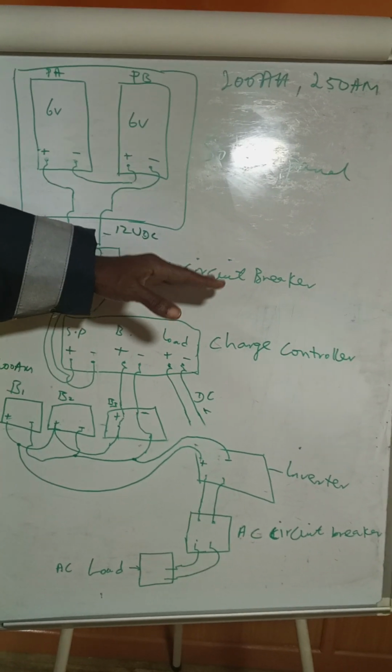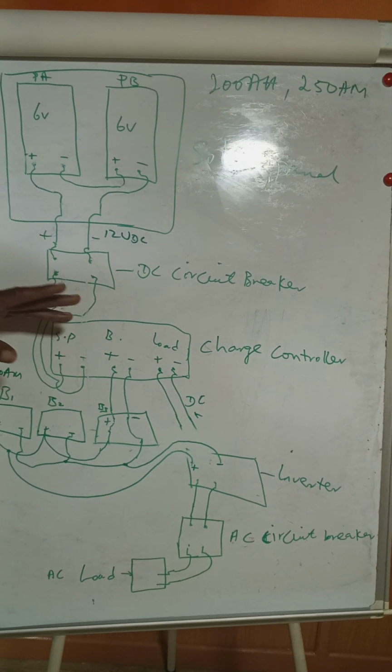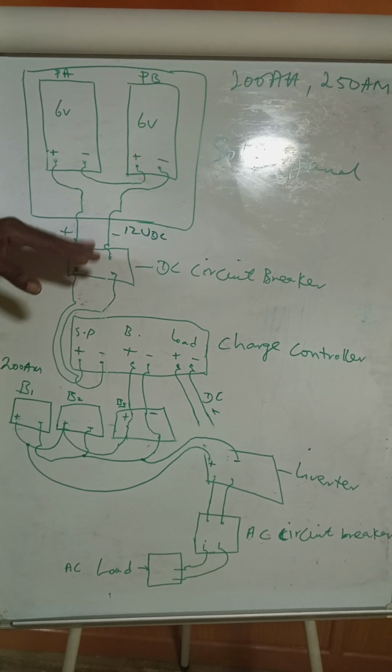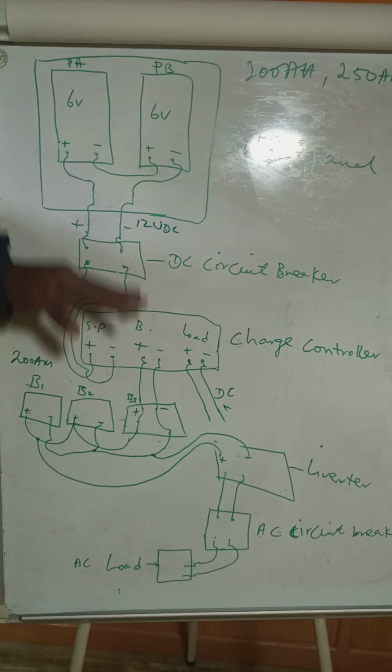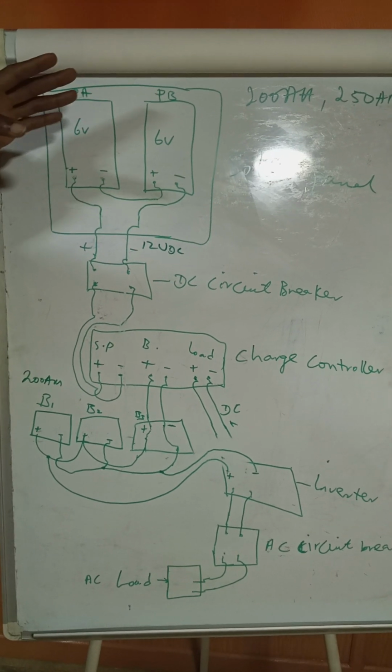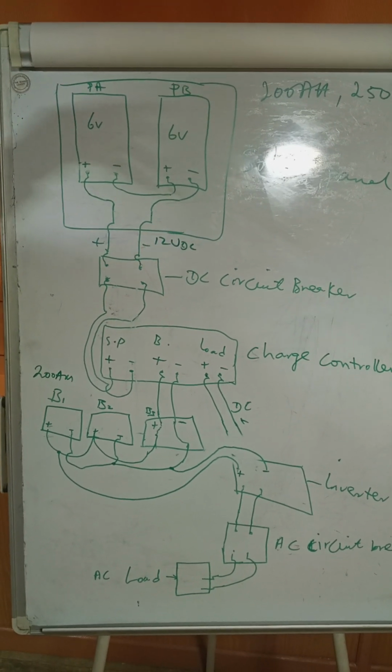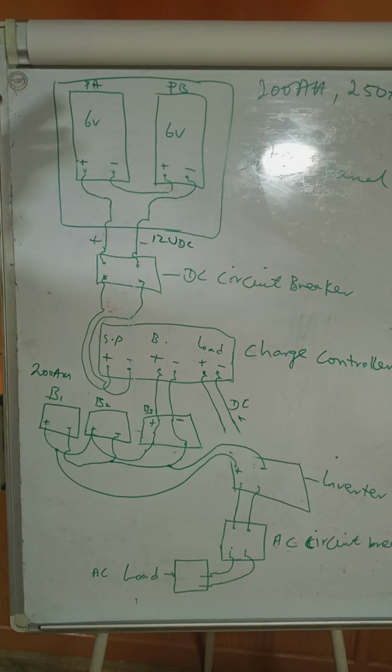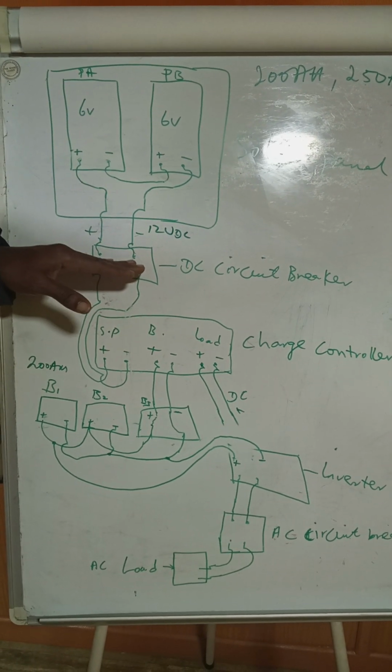The DC circuit breaker is not compulsory, but it is necessary, because it saves your charge controller in case there is a spike in voltage, perhaps due to a thunder strike or whatever might have happened. That is why we have that DC circuit breaker.